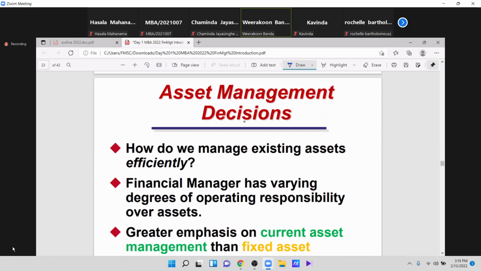If it involves a large number of customers, there are different kinds of inventories, so you can maintain different inventory levels. Then you can decide the different operating activities. The financial manager has varying degrees of operating responsibility over assets.